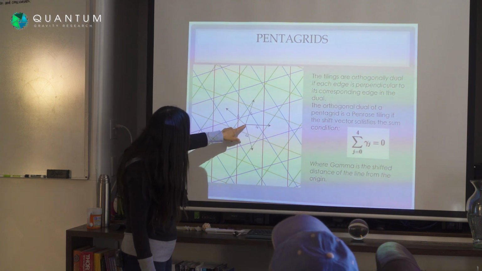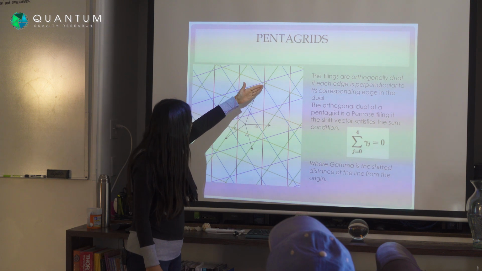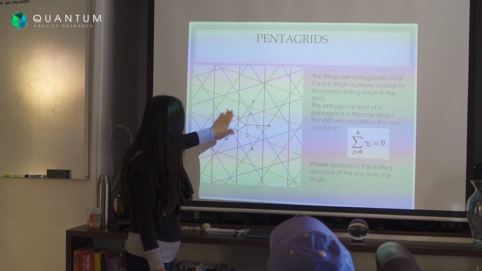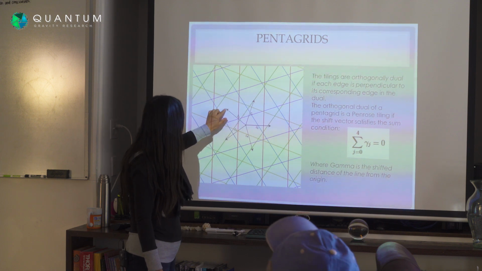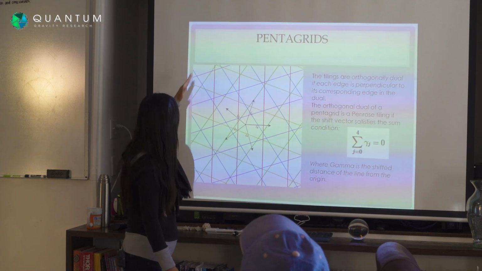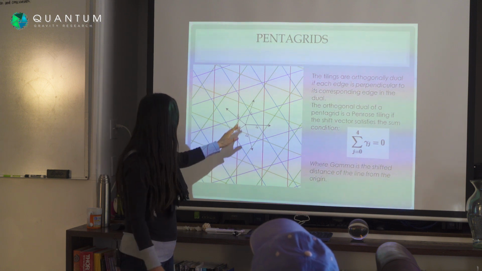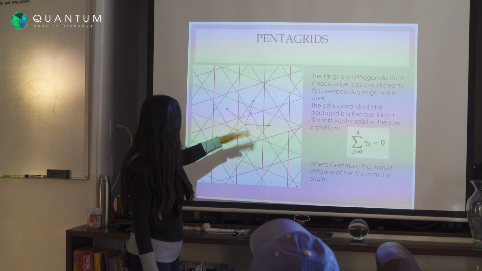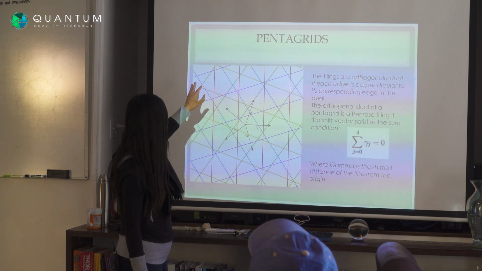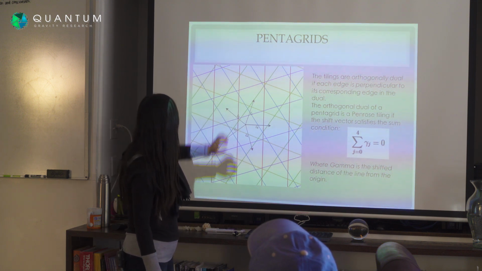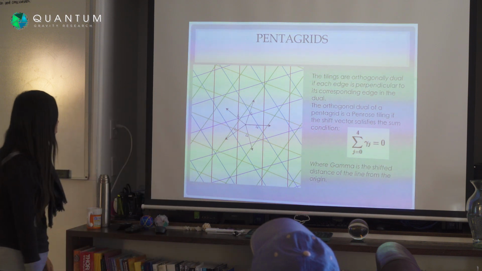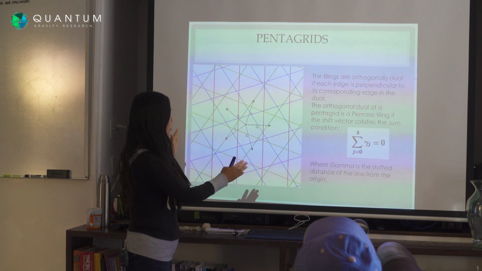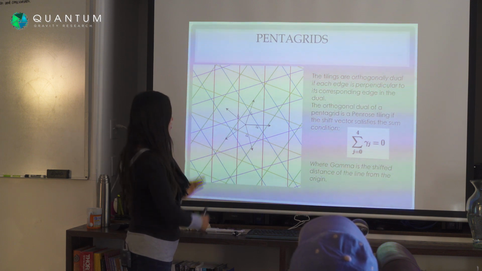For each direction, you build a grid that is perpendicular to that direction, a set of parallel lines. So you have 5 of them: blue, purple, green, and yellow. After you build out this grid, it is called a pentagrid.